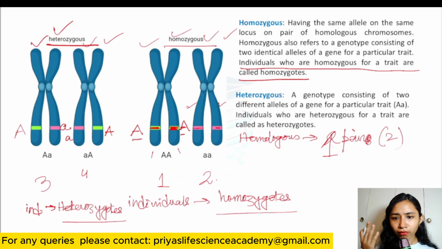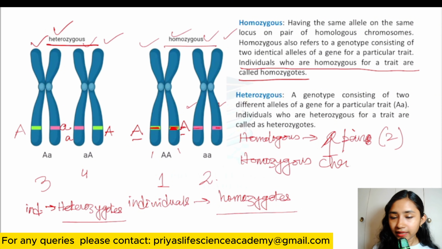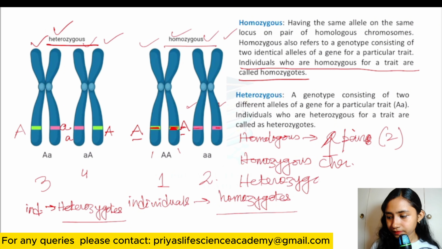That's why homologous chromosome. But inside the two homologous chromosomes, if the alleles are of similar nature, they will be called homozygous. And if the alleles are of different nature or alternative form, they will be known as heterozygous.